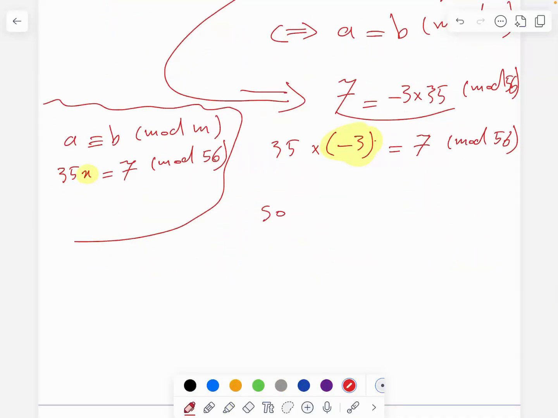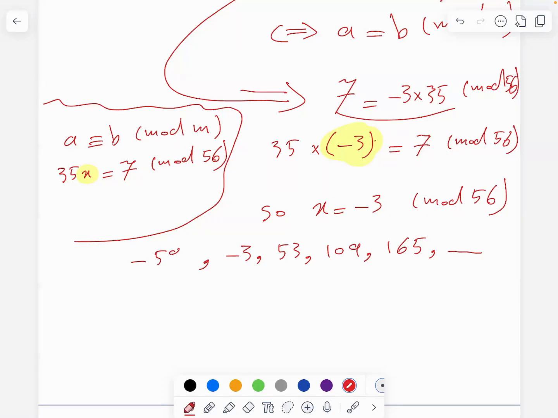So x equals minus 3 mod 56, or minus 3 plus 56 means 53, plus 56 is 109, plus 56 is 165, and so on. Minus 56 is like minus 59, and so on.